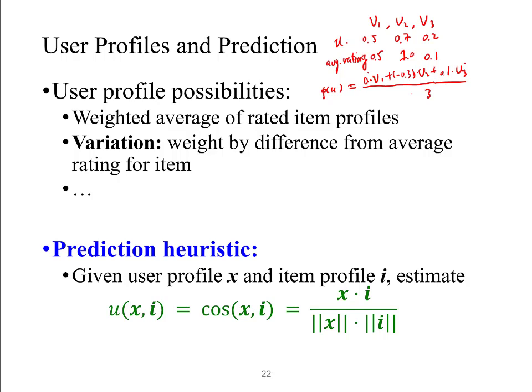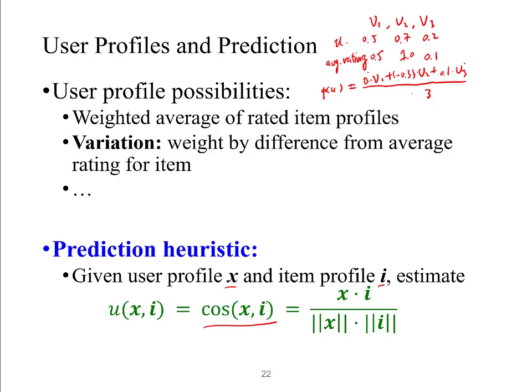How do we generate the user profile? And in order to do the prediction, essentially what we want to know is whether, for a user with user profile X and for the item with item profile I, we should recommend I to X. So this is based on the similarity between X and I. In order to measure the similarity between two vectors, here we use their cosine.